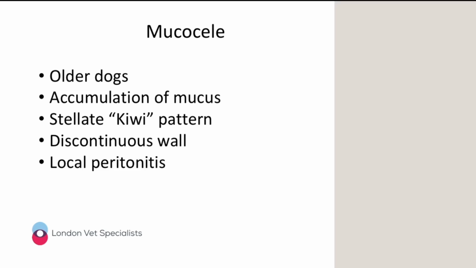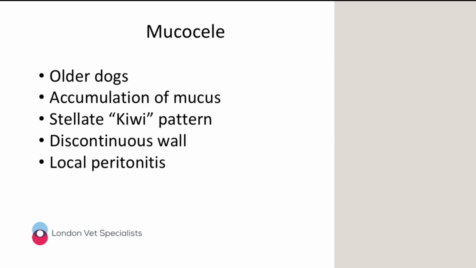So it's often described as a kiwi-like pattern. If you imagine cutting a kiwi fruit in half and then taking a look at the half, you should see a beautiful stellate pattern. So you'll see black lines extending from the center of the kiwi towards the periphery. And that's really what we're talking about when we talk about this kiwi pattern in mucoceles.